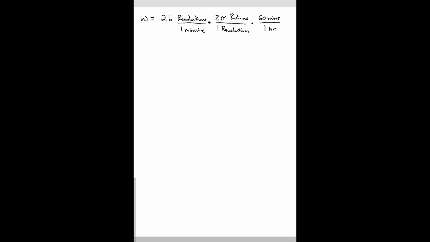Okay, so now we can start canceling out a bunch of stuff. We get to slash and splatter. The units of revolutions can cancel out, the units of minutes can cancel out. So all we're left with now is radians on the top, that's our only unit on the top, and the hour is the only unit left on the bottom. So now we get to do some awesome math.